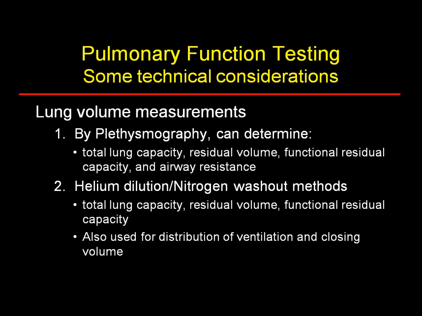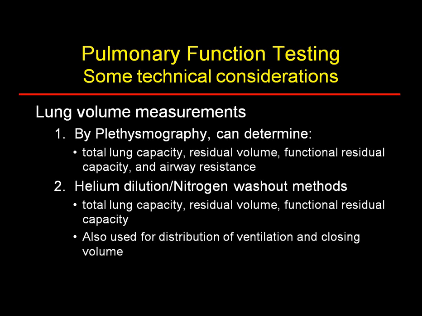So to just briefly review, plethysmography can determine the usual lung volumes and airway resistance. In contrast, helium dilution and nitrogen washout methods can be used to measure the standard lung volumes. Although you cannot measure an airway resistance, you can use these techniques to make measurements of the distribution of ventilation or to determine an airway closing volume.